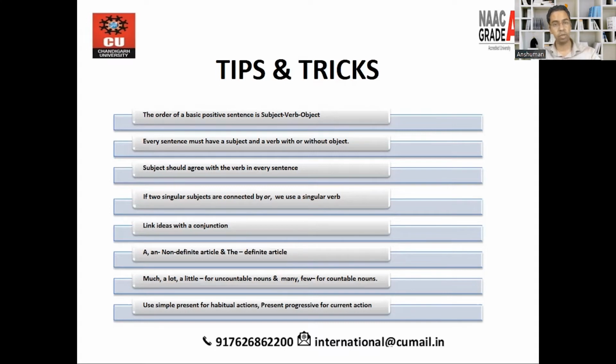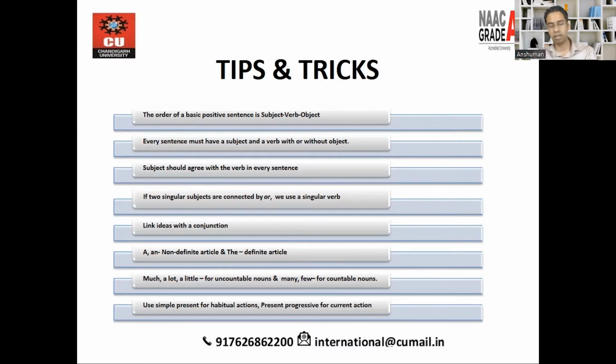If we were using and between Ram and Sham, then we would be using the verb are. But here, since it is or, Ram or Sham are both singular. Hence, we will be using a singular verb.